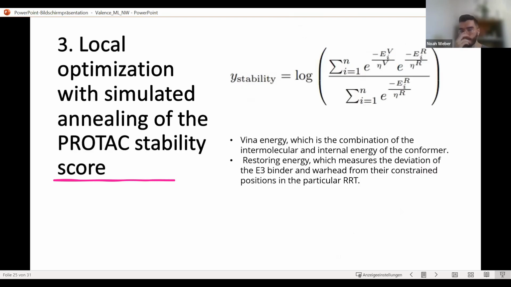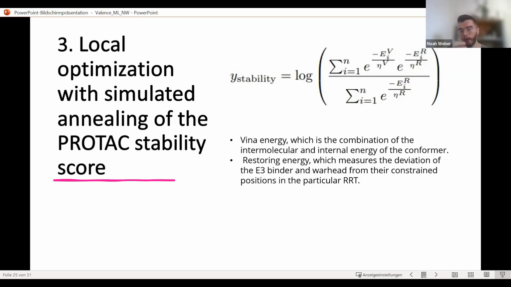But that's not enough. What we then need in step 3, even after using Bayesian optimization, is to perform local optimization with simulated annealing of the PROTAC stability score. So the PROTAC stability score is our proprietary score where we wanted to take into account different energies that need to be fulfilled such that the suggested molecules are even better than what we previously outputted from step 2.